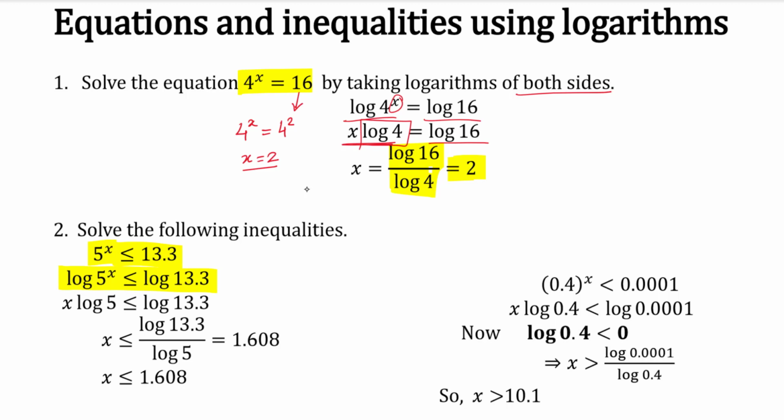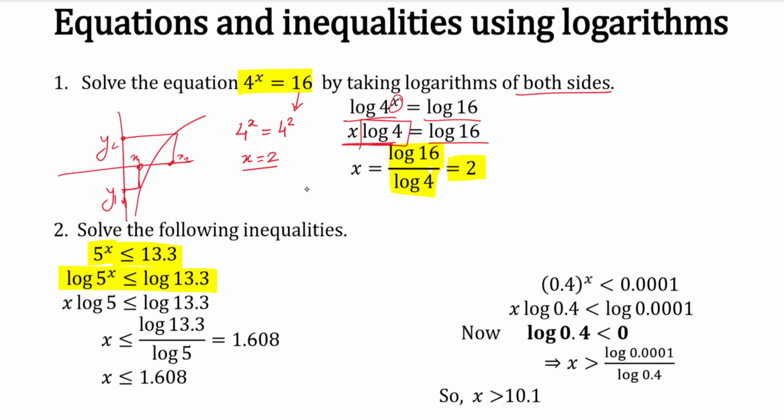And since the graph of log is like this, it's a monotonic function. Monotonic function means if we choose any two values of x, the corresponding y values will also follow the same inequality. If x1 is less than x2, then the corresponding y value is also less than the corresponding y value of x2.